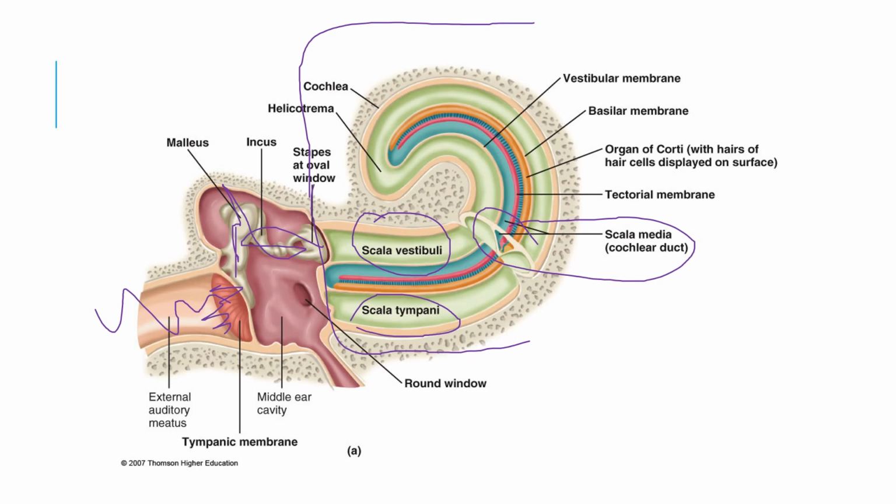So the perilymph is found within the scala vestibuli and the tympani, whereas the scala media, the middle layer, has the endolymph. And so they'll have different concentrations of ions. And so that's what will be responsible then for vibrations and movement of those hair cells. Within the scala media, there are 2 different membranes.